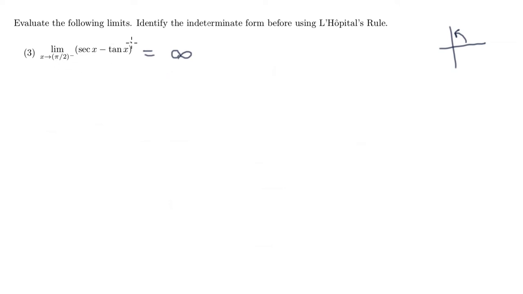And then tan x, for the same reason: sine is approaching 1 as x approaches pi over 2, but in the denominator we're dividing by cosine x, which is going to 0 and staying positive, so we're going to be subtracting something else that's going to infinity. So this is an indeterminate form.